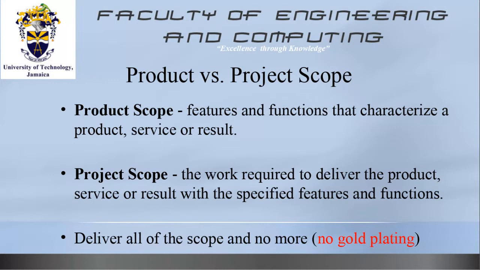So essentially the project scope is all the work required to deliver on the product scope. All right, so let us not mix them up. Also, we said that the responsibility of the project team is to deliver all of the scope that was defined and nothing more or nothing less. If we deliver more, we said it would be gold plating, and we don't want to be doing that.